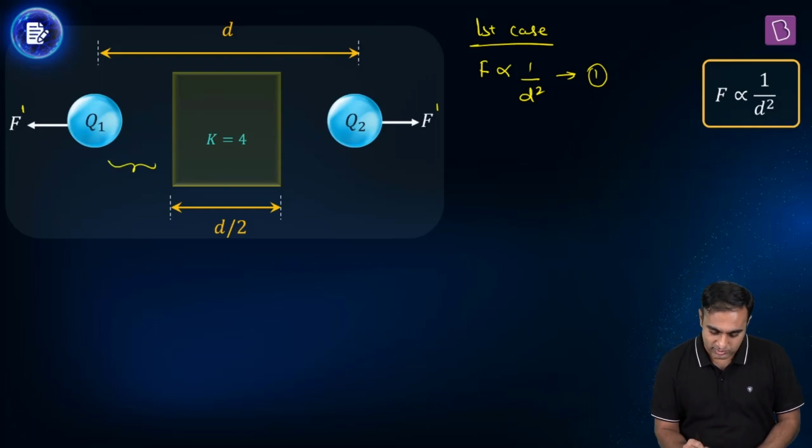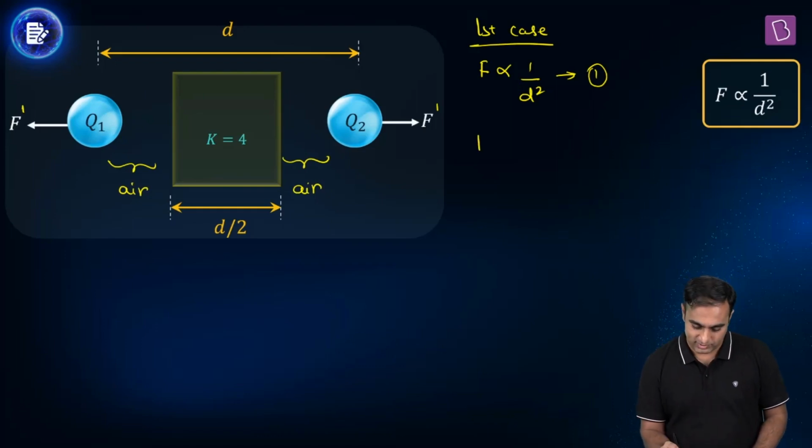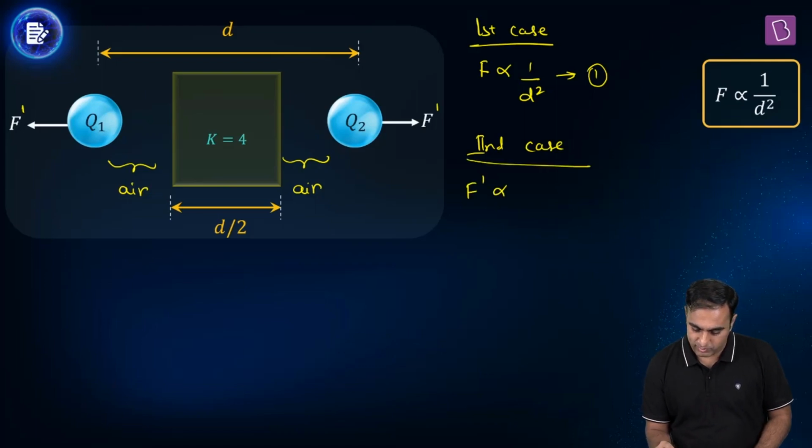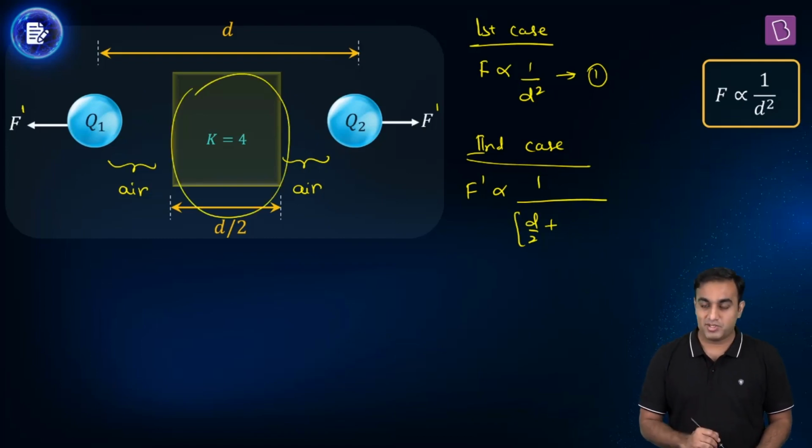D by 2 of the separation distance is in air itself. So, the equivalent air distance is d by 2 itself. So, in second case, F prime will be proportional to 1 divided by d by 2 plus the equivalent air distance of separation for this setup square.